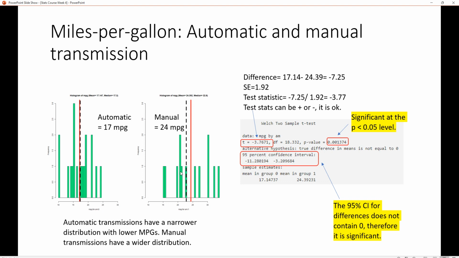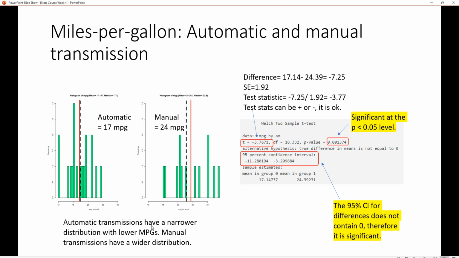But it sort of looks uniform at the same time, because almost each bar represents one car, and we have a couple of bars where there are two cars with that level. So it kind of spreads. We don't see the same peak in the density, and we have more variation, but we also do have a higher MPG with the manual transmission than we do with the automatic transmission.